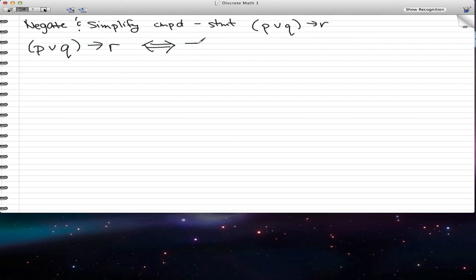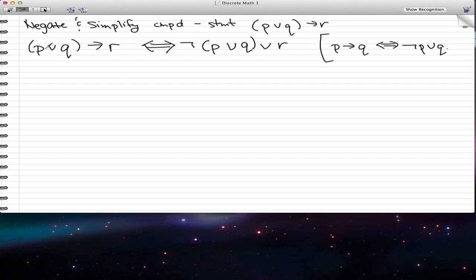So we know how to get rid of this. It's just negated P or Q, or R. Now, how did I get that? Well, remember that P implies Q is logically equivalent, if you remember my last video, to negated P or Q. And that's exactly what happened here.